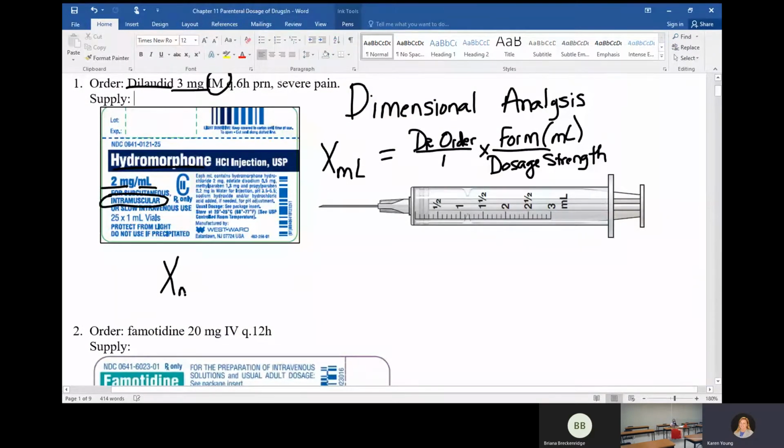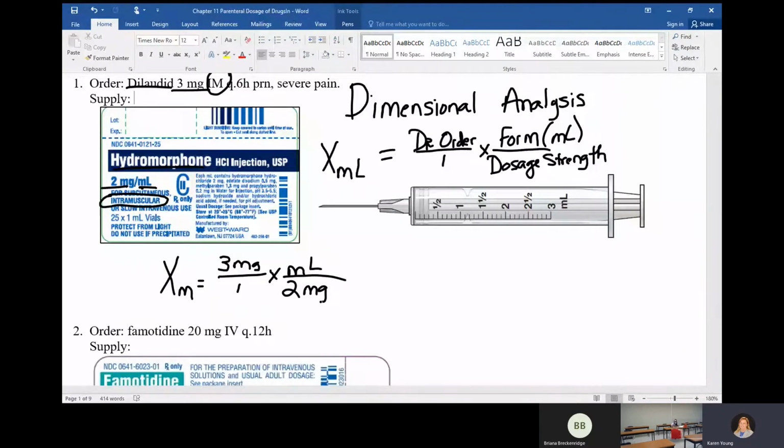So I'm wanting it in milliliters. My ordered dose is 3 milligrams. Supply dose, my dosage form is milliliters. My dosage strength is 2 milligrams. On the oral dose, it was pretty much always 5 milliliters.